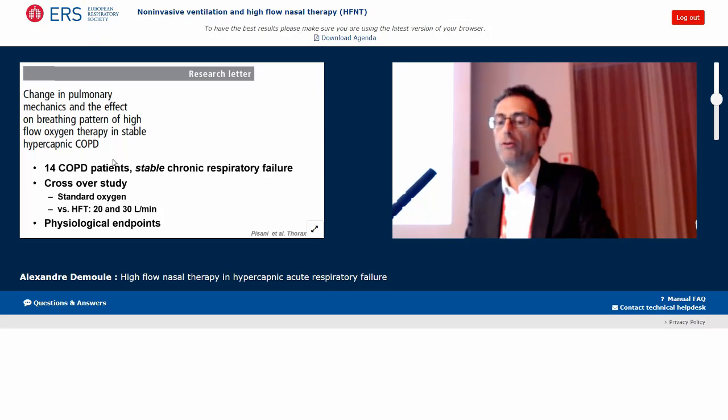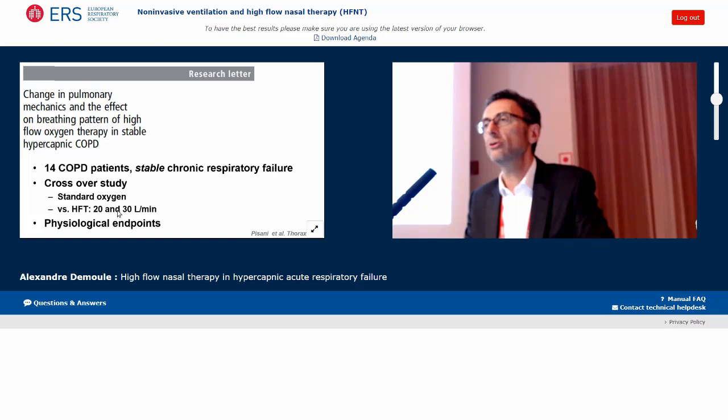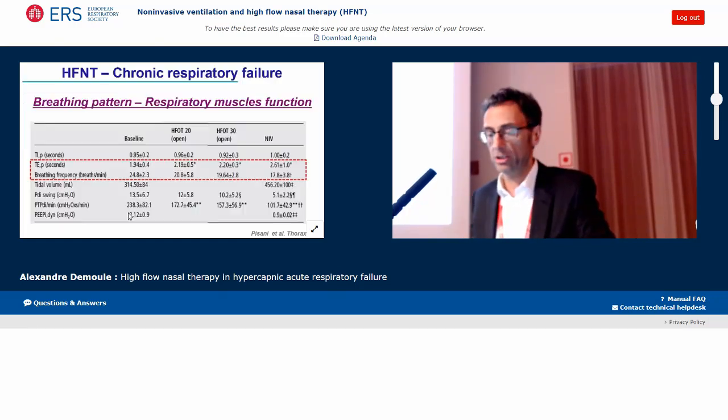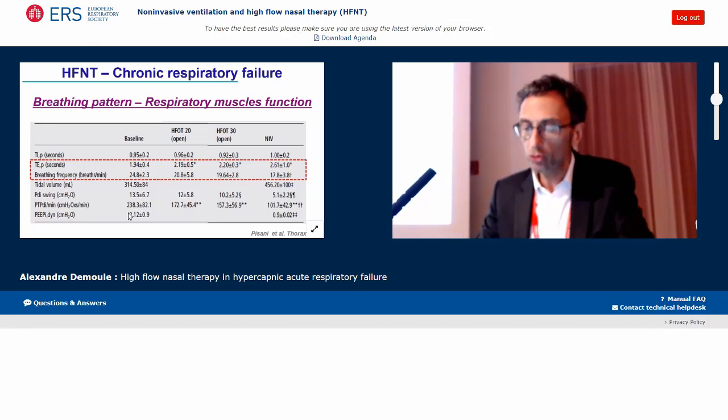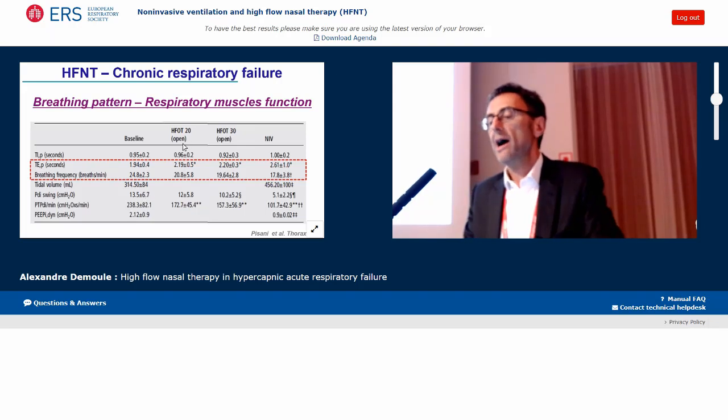So this was 14 COPD patients with stable chronic respiratory failure. It was a crossover study. Standard oxygen versus high flow therapy, 20 and 30 liters per minute, versus non-invasive ventilation. And those were physiological endpoints. So we have baseline, high flow nasal therapy 20 liters, 30 liters, and non-invasive.